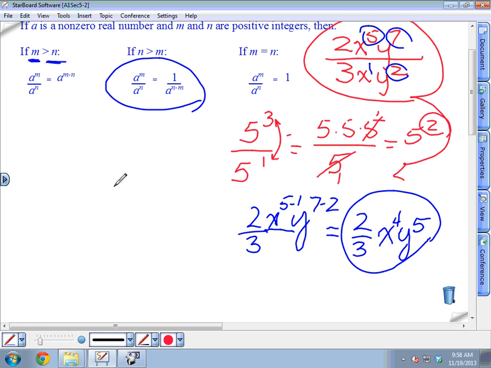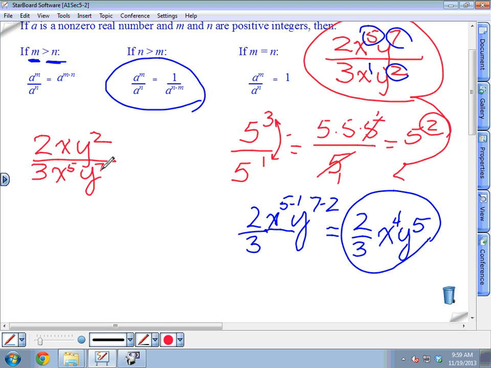Okay, let's take the same fraction, 2 times x to the 1, I'm not going to write the 1, y squared over, I'm going to leave the 3 on the denominator because I don't really care about the numbers. Now I'm going to put x to the 5th, y to the 7th down here.